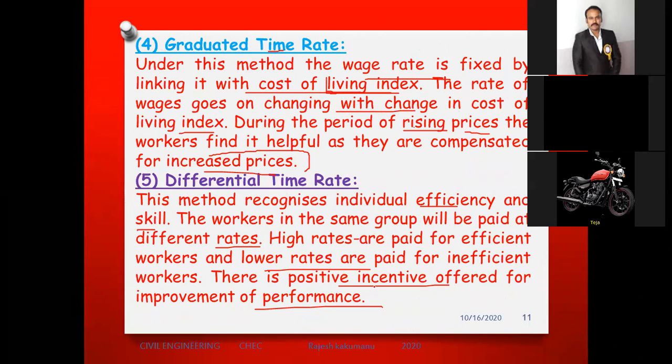Then what happens? The employees themselves will choose whether they can do this work, whether they will be efficient or inefficient.